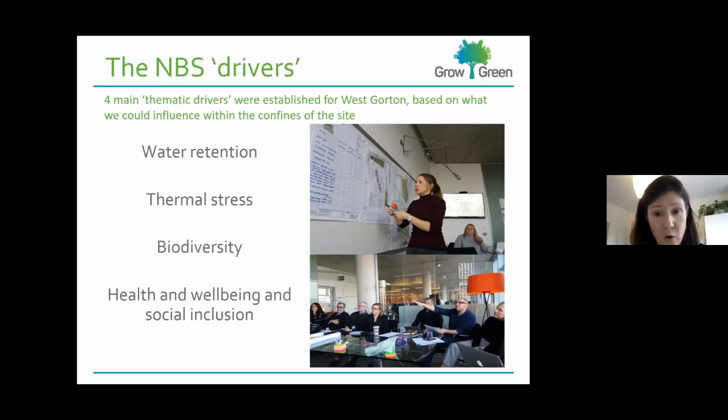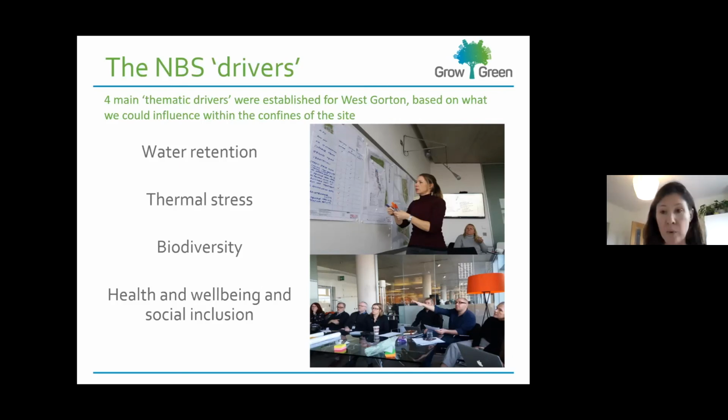That was quite a long list. So we held a series of workshops in Manchester with our local partners to kind of narrow down the sort of key design drivers, if you like, that we would have for the park.